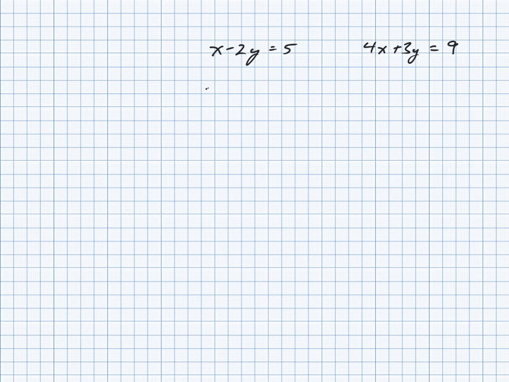Putting the x on the other side, I have minus 2y equals negative x plus 5, and dividing both sides by negative 2, I'm finished with y equals 1/2 x minus 2.5.